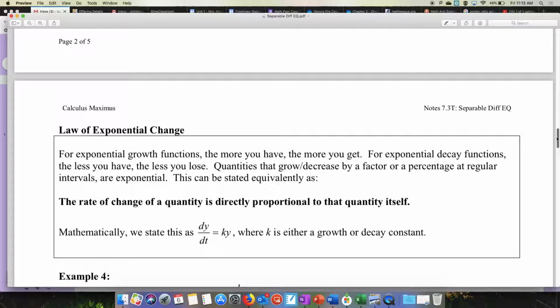And what we can say is the rate of change of a quantity is directly proportional to the quantity itself. What does it mean? The rate of change, derivative, dy/dt, because we do time, is directly proportional to the quantity itself. Directly proportional means that it's multiplied by some constant. The quantity itself, we're talking about y. Okay? So when you see this, we know it means this.